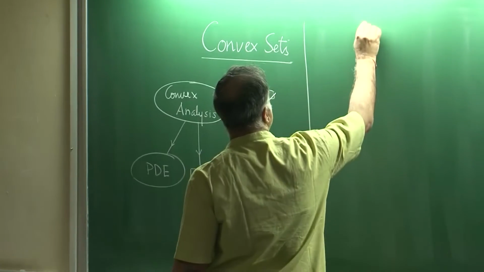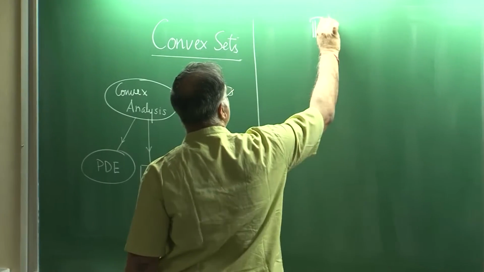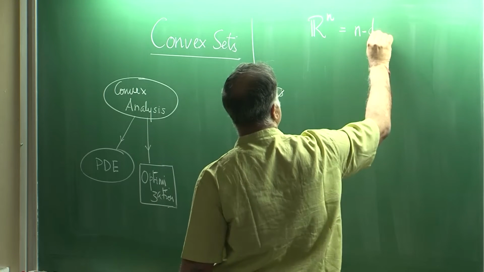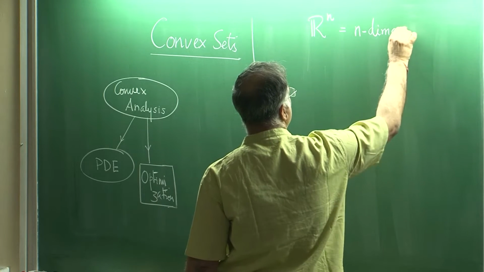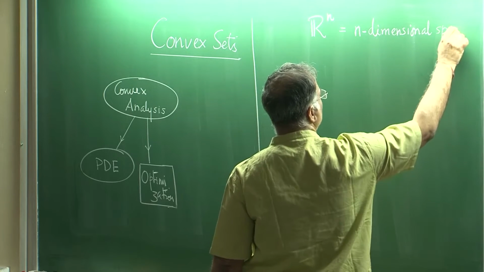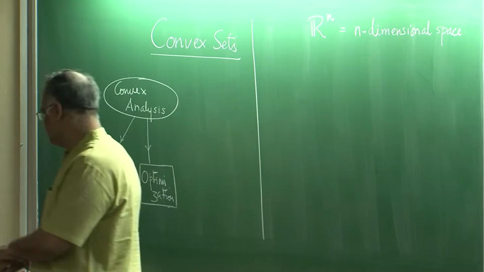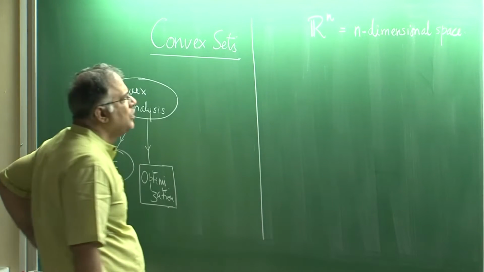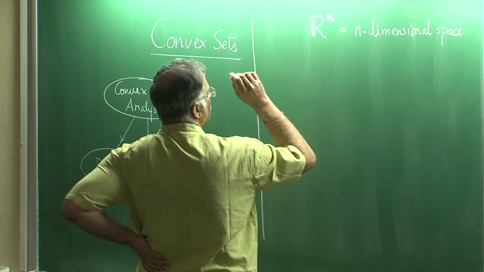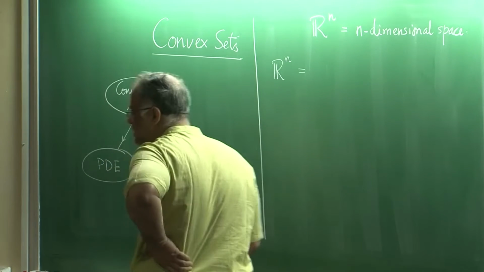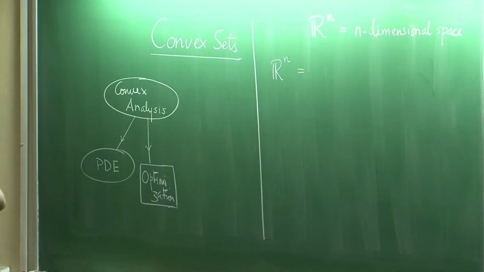Here our space of working is Rn, n dimensional space. I think most of you know this because Rn is a space where every point is characterized by n real numbers.